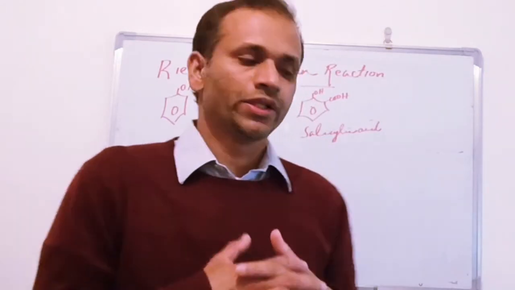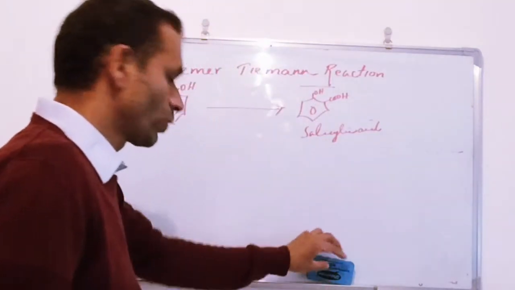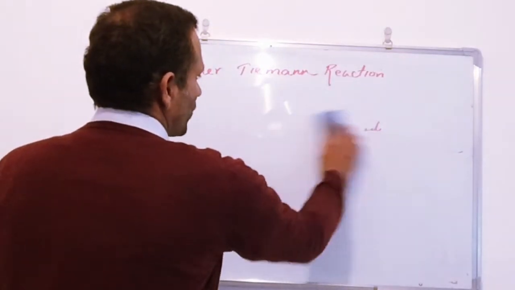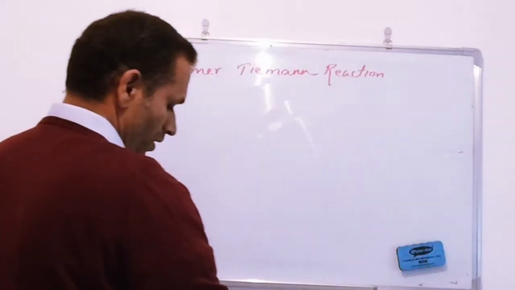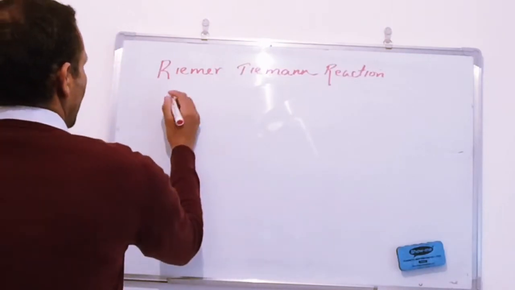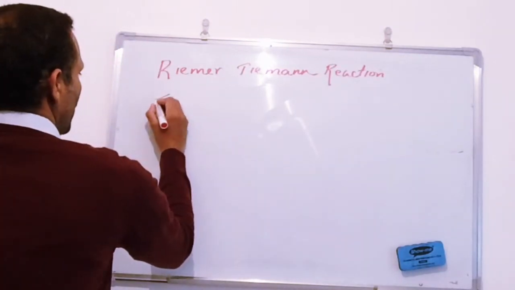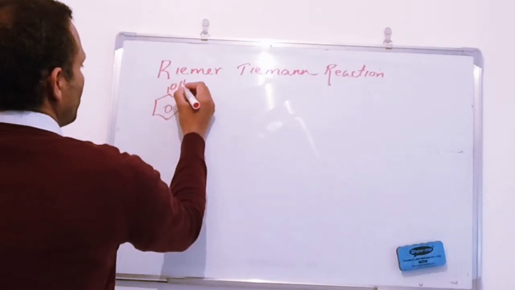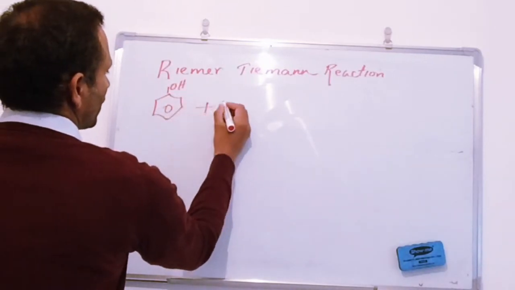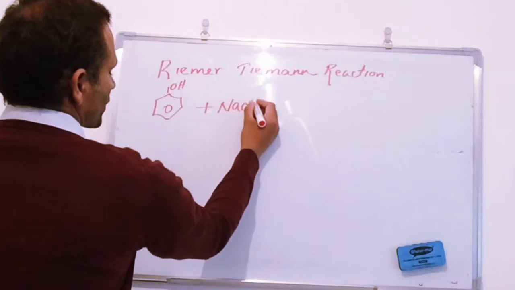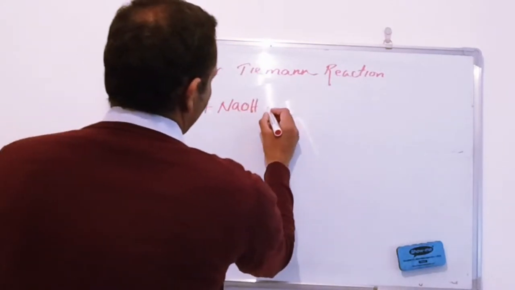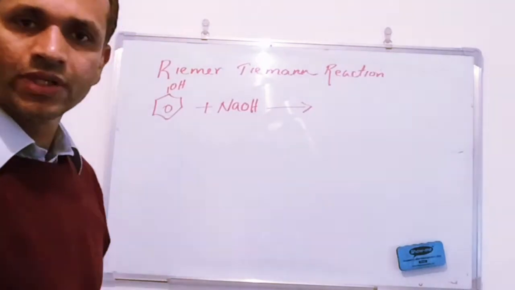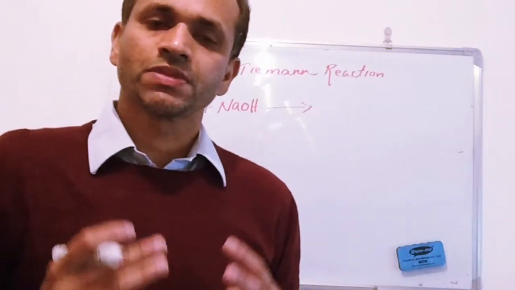Here the phenol is treated with sodium hydroxide. So here is the phenol, there is an OH group, and it is treated with sodium hydroxide. Phenol has acidic nature and sodium hydroxide has basic nature.